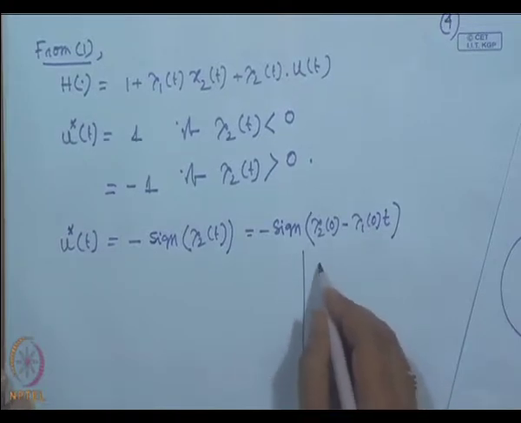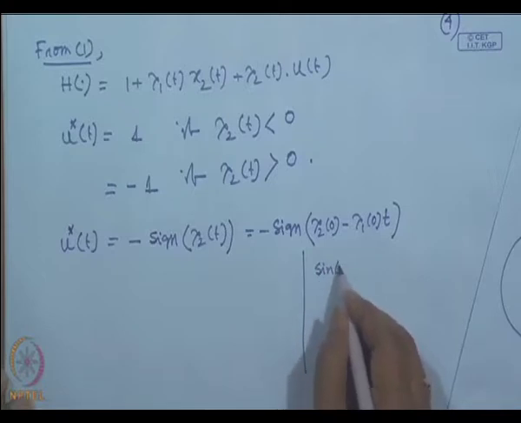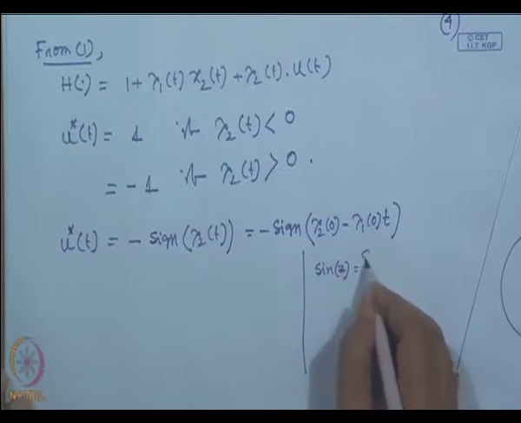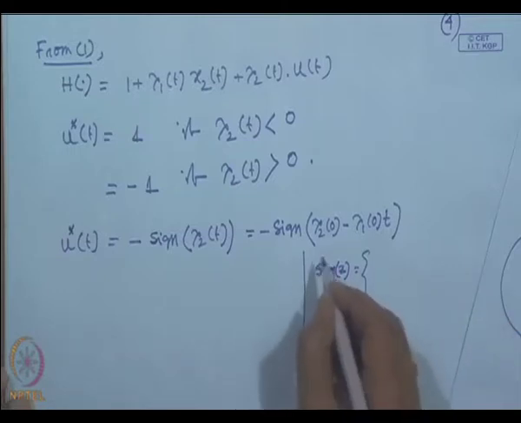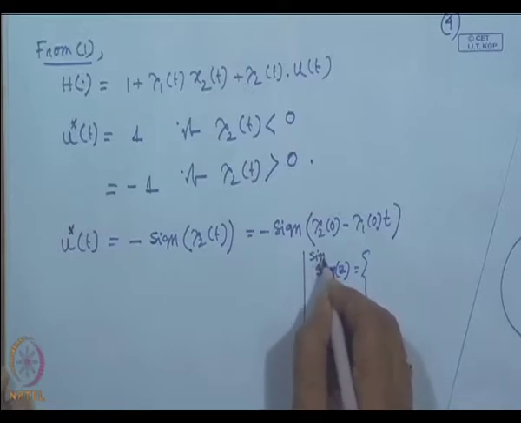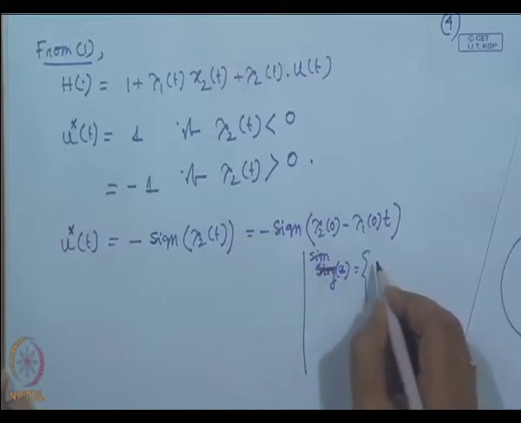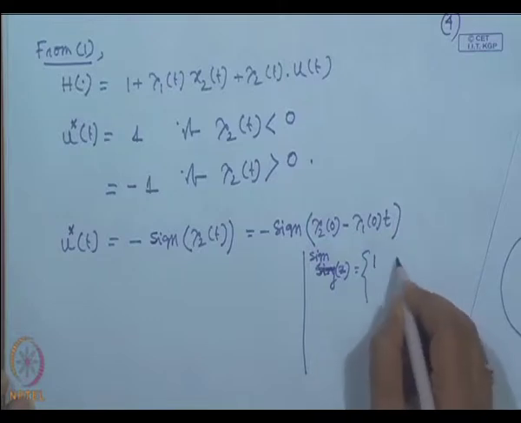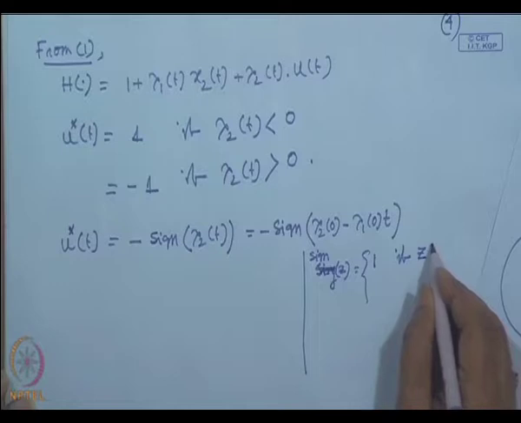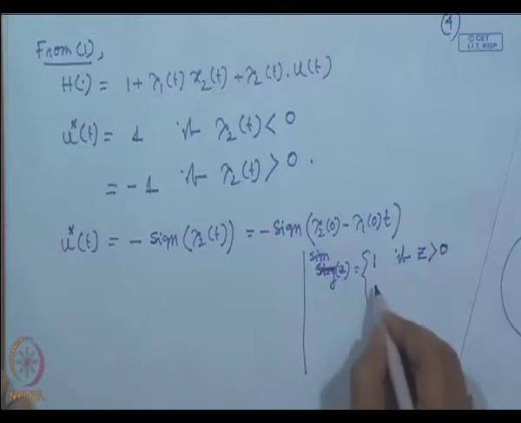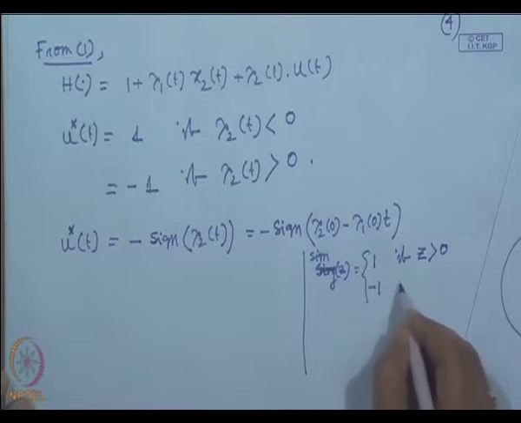I will just explain this. Sign of z is equal to 1 if z is greater than 0, and minus 1 if z is less than 0.